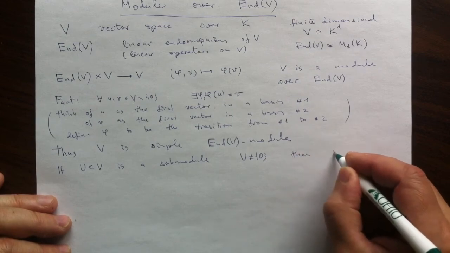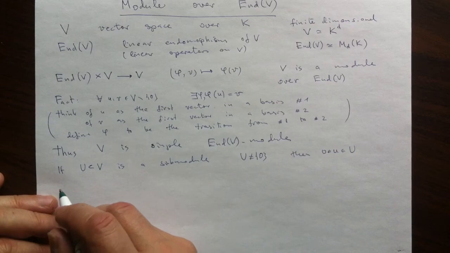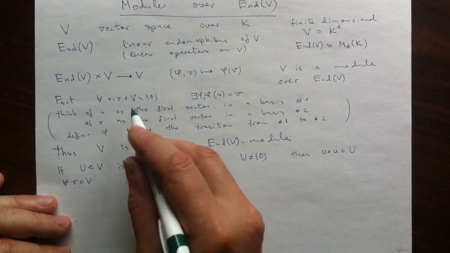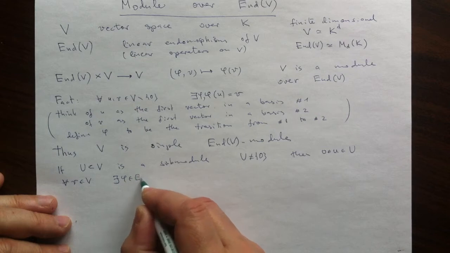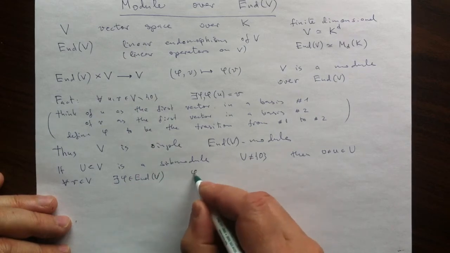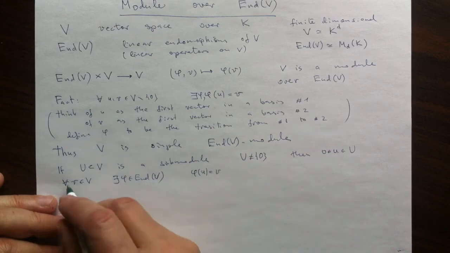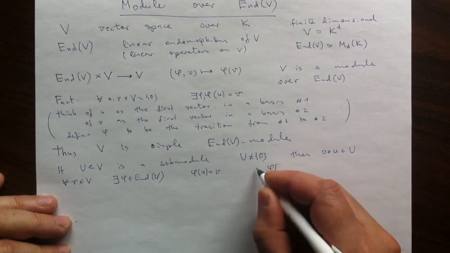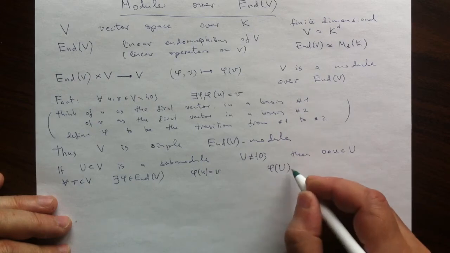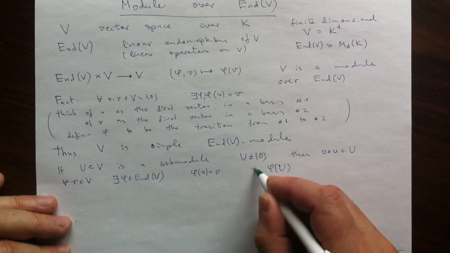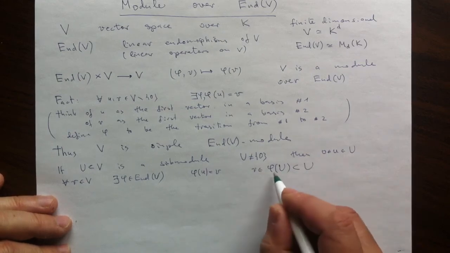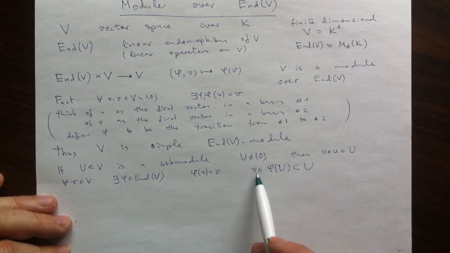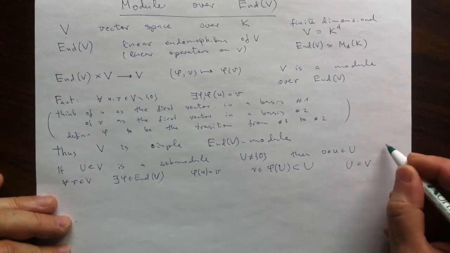Well, then there is a vector in it which is non-zero, and then for any vector at all in the vector space, by the transitivity, we have this endomorphism which transforms our U into this arbitrary V. So applying all endomorphisms to U, we will have this V in it, but it is also in U, because U is stable under the module structure under this application, and so we have anything at all in U, so U must be the whole thing.